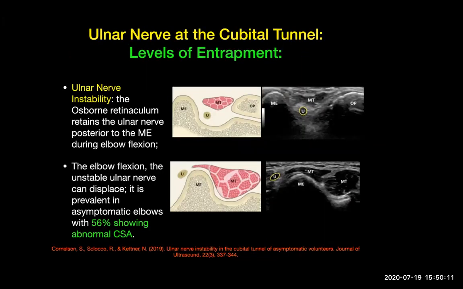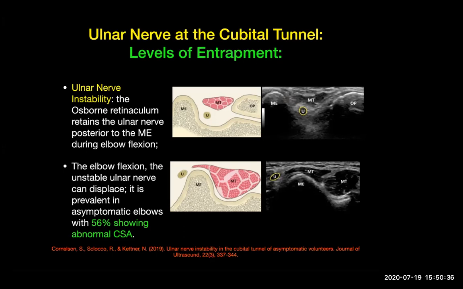Then of course, you also check for ulnar nerve instability. As we have mentioned earlier, the Osborn retinaculum is the one that keeps the ulnar nerve inside, okay? But sometimes when there is an unstable ulnar nerve, it could be displaced out, and it is prevalent in asymptomatic elbows, with 56% showing an abnormal cross-sectional area.